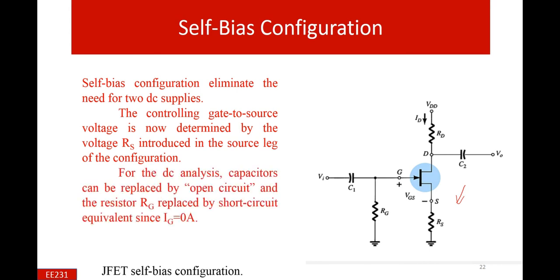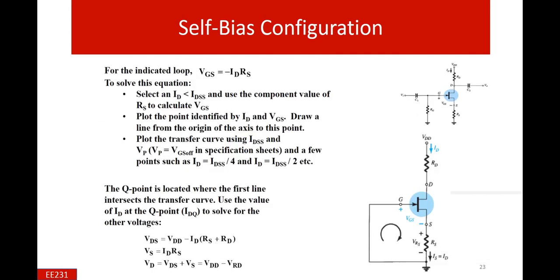And again, the current through the gate terminal is 0, and so this RG can be replaced by a short circuit. So this is the basic concept behind the self-bias configuration.